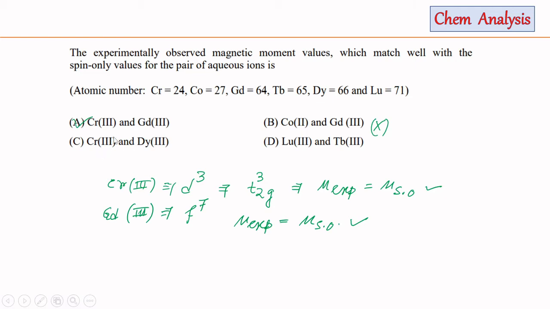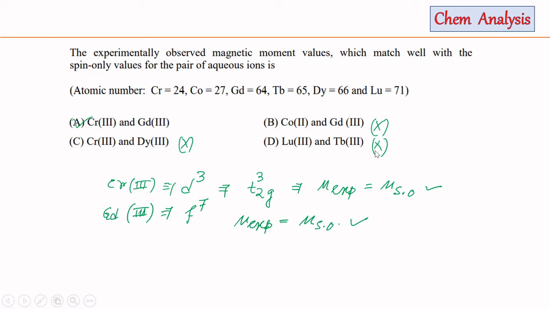And similarly for the third case, for chromium 3+ mu experimental will be equal to mu spin only, but for dysprosium 3+ the mu experimental will not be equal to mu spin only. And similarly for lutetium 3+, it contains f14 electronic configuration, that means mu spin only is equal to mu experimental, but for terbium 3+ mu spin only is not equal to mu experimental, since it does not contain f0, f7 or f14 electronic configuration. So the remaining 3 options are also not correct.